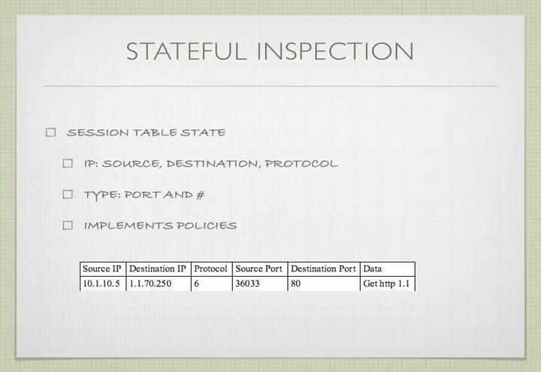We know that this computer at 10.1.10.5 is making a web HTTP request to the server at 117.25.0, and that is being logged and tracked in our session table so that we can inspect it and make sure that it is allowed by our policies before the traffic is forwarded through.